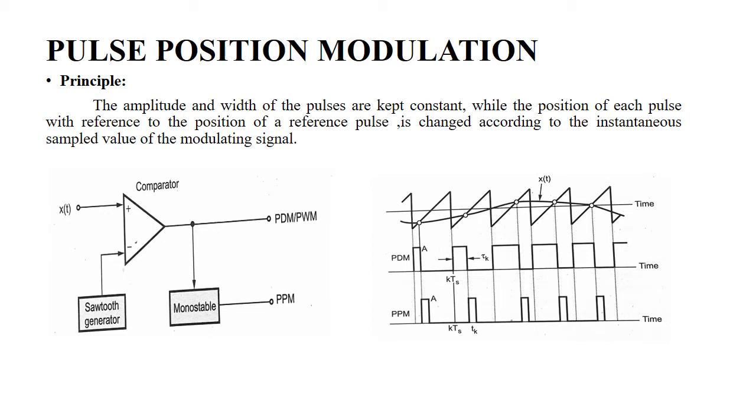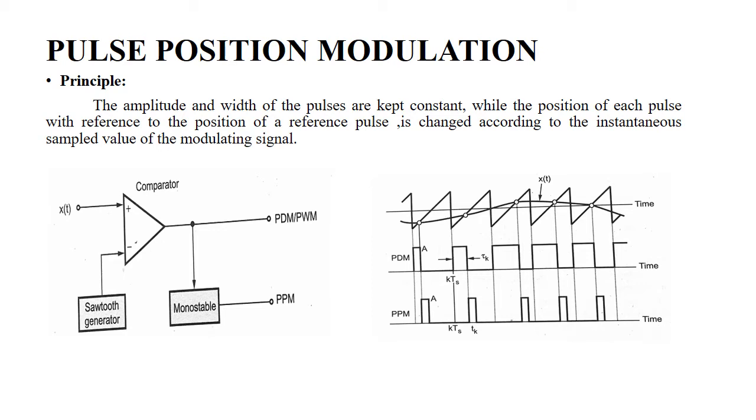To generate the pulse position modulation, the pulse duration modulation signal is used as a trigger input to a monostable multivibrator. The monostable output remains 0 until it is triggered. The monostable is triggered on the falling edge of the PDM.